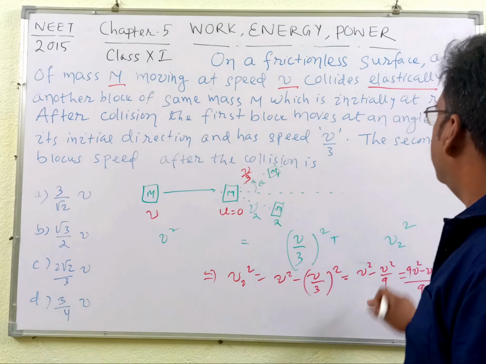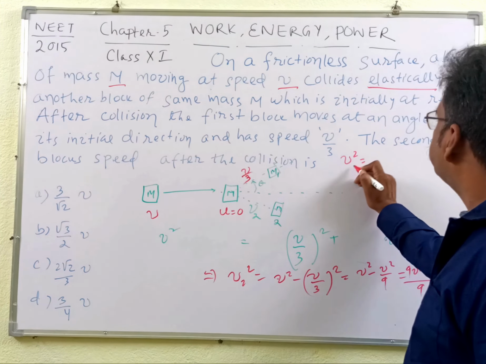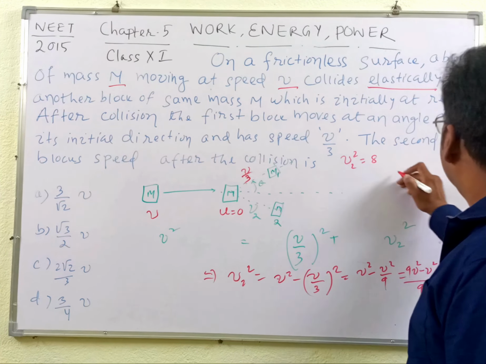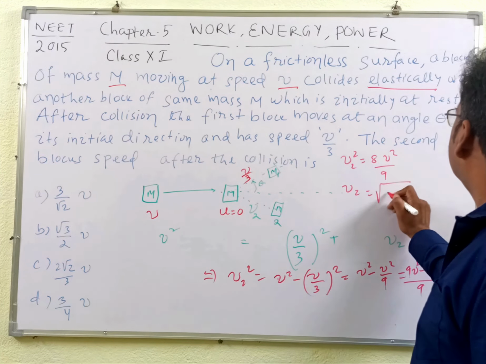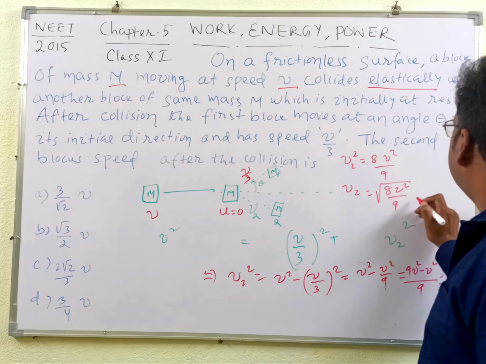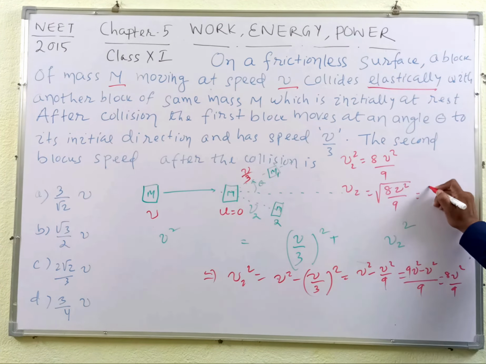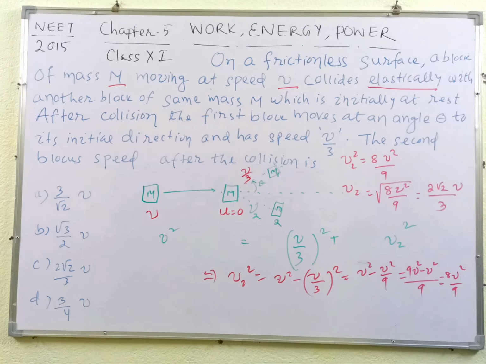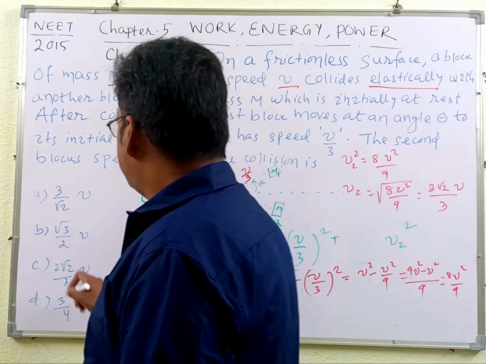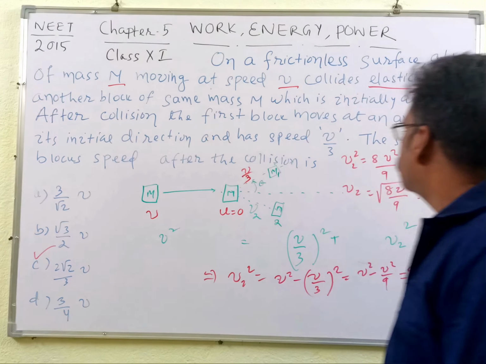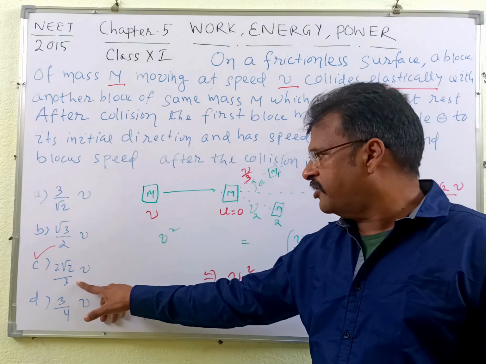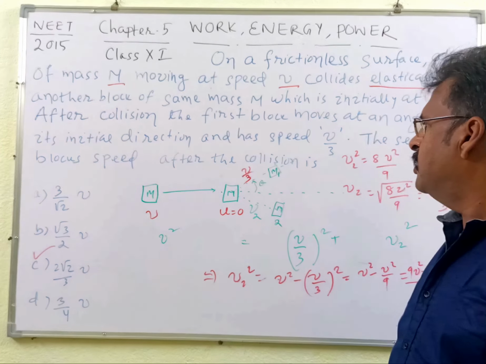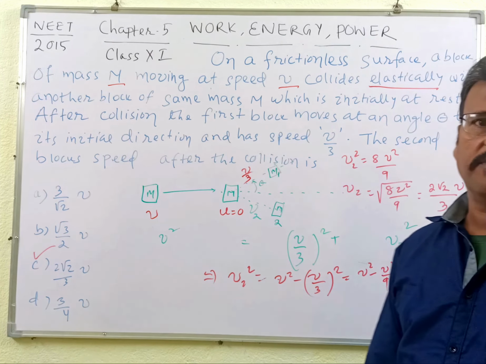So v2 square is 8 v square by 9, and v2 will be root over 8 v square by 9, which is 2 root 2 v by 3. That is option C. So the velocity of the second particle after the collision will be 2 root 2 by 3 v, where v is the velocity of the first particle before the collision, students.